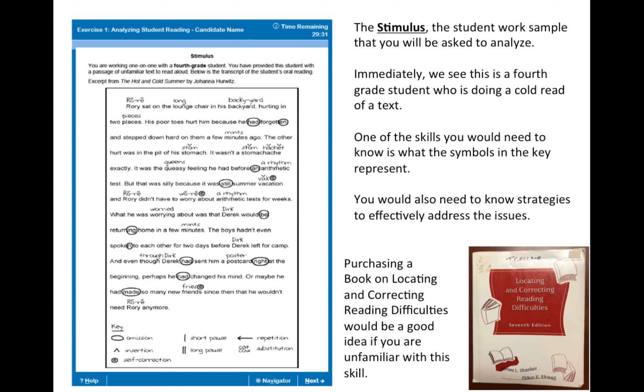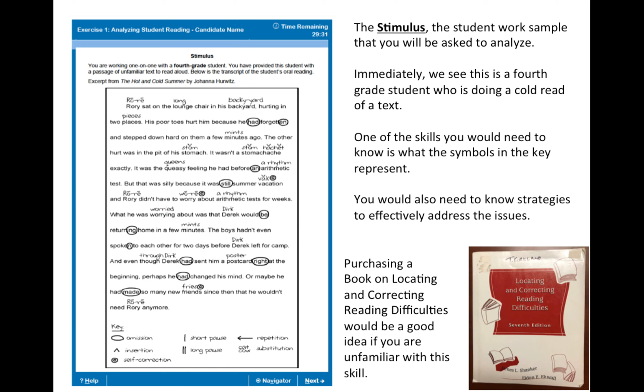prepare. And like for this example, you can see I purchased a book on locating and correcting reading difficulties. I was a higher elementary teacher who did not have a real strong background in phonemics or miscues.